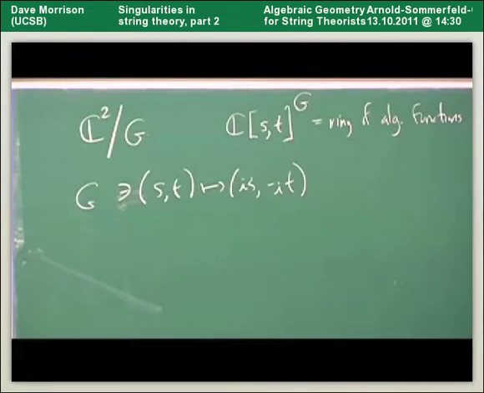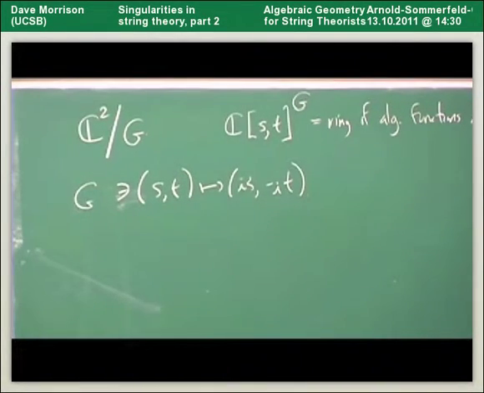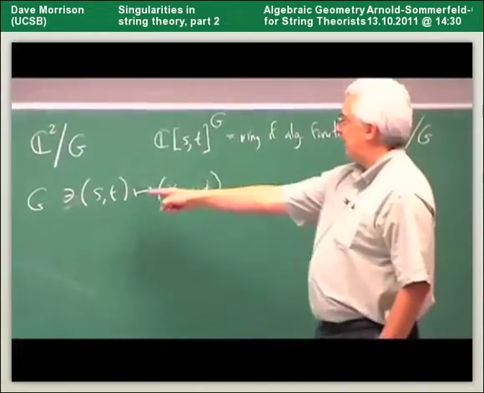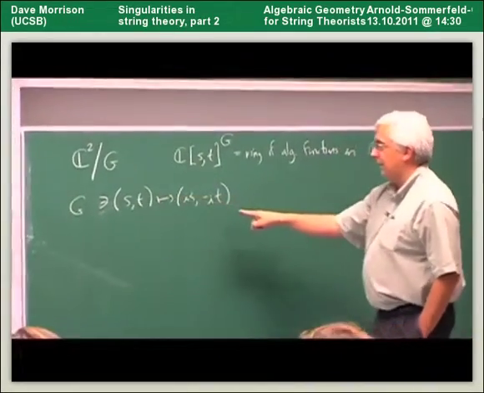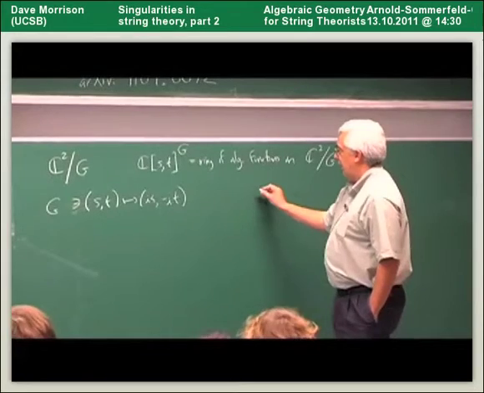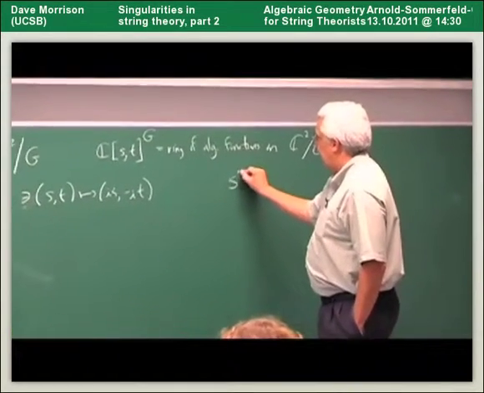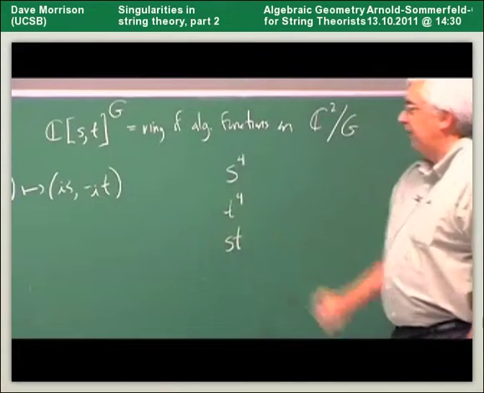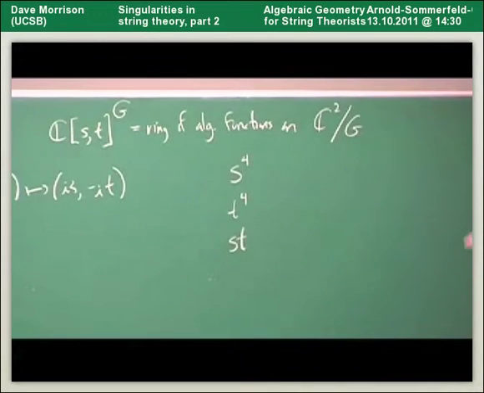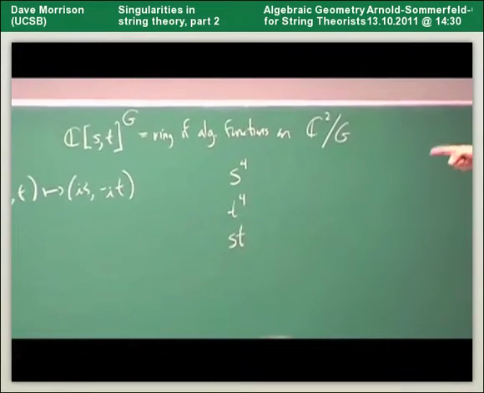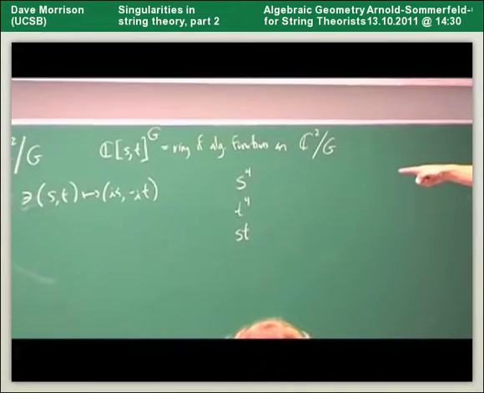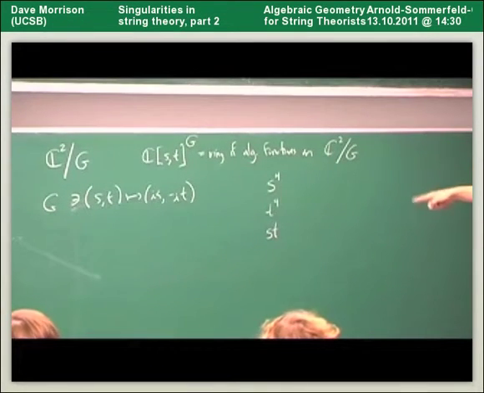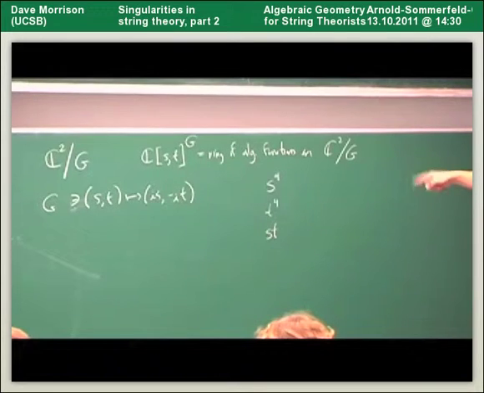That's how I'm going to get one of my 180-degree rotations. And so I have to write down quantities which are invariant under this action. It's pretty easy to do. s^4, t^4, and st are obviously invariant. And it's pretty elementary to check that any polynomial which is invariant under that group action has to be in the algebra generated by these polynomials.